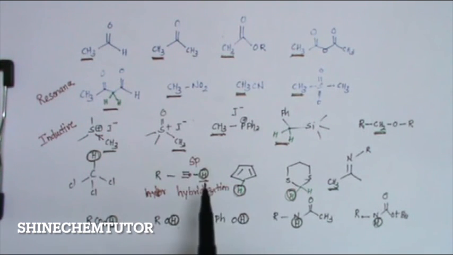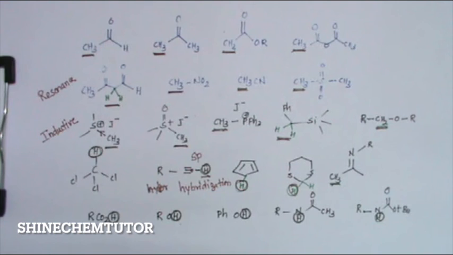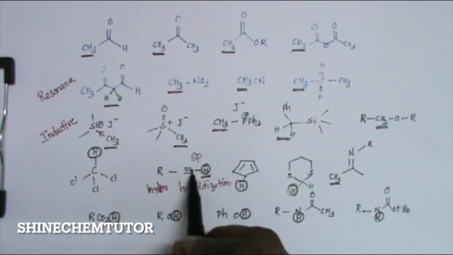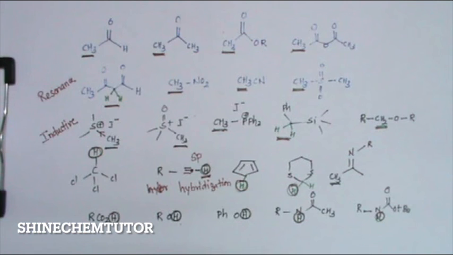The hydrogen which is attached to an sp hybridized carbon will be acidic. Hydrogen that is attached to an sp3 carbon will be less acidic. Compared to that, hydrogen attached to an sp2 carbon will be more acidic. Hydrogen attached to an sp carbon will be highly acidic. So this hydrogen is attached to an sp hybridized carbon, so that is acidic.